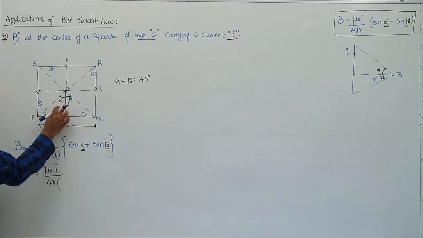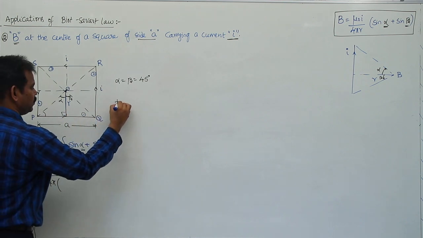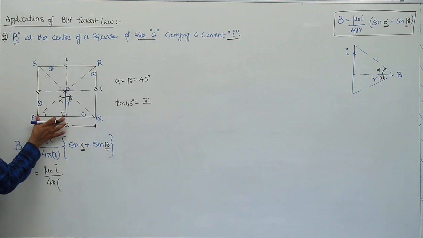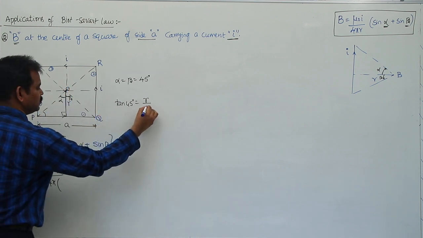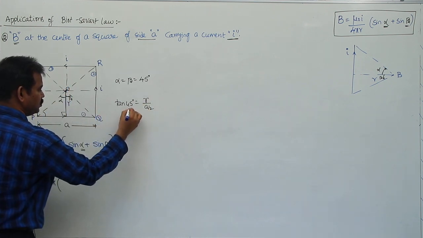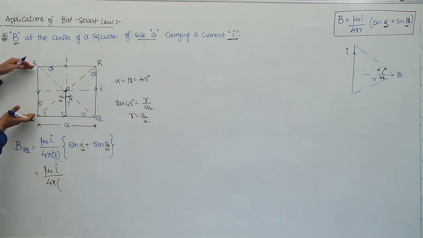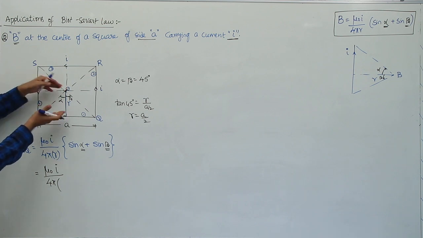So tan 45 is equal to R by A by 2. Tan 45 is equal to R by this side, opposite side by adjacent side, A by 2. So this is 1. So R is equal to A by 2. Directly I can write. Otherwise, if it is total side A, half of it will be A by 2 only.